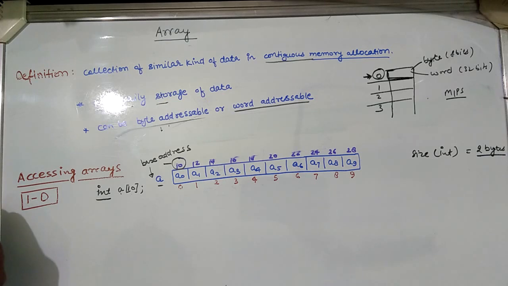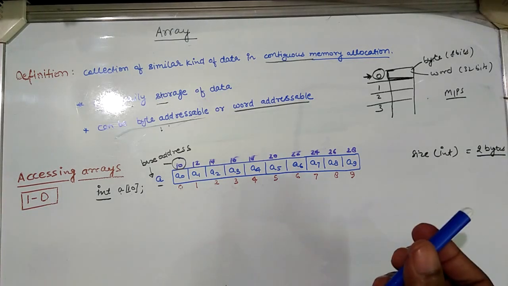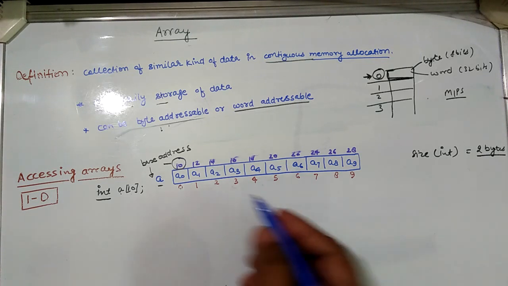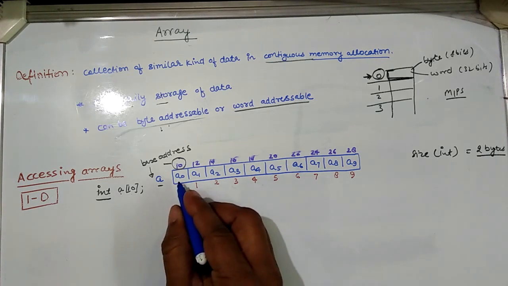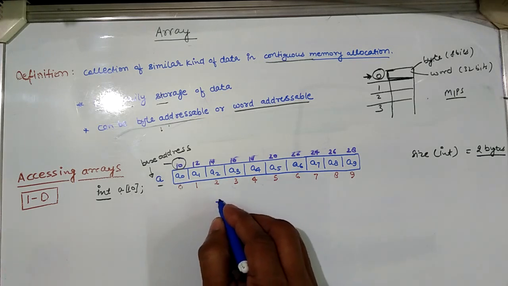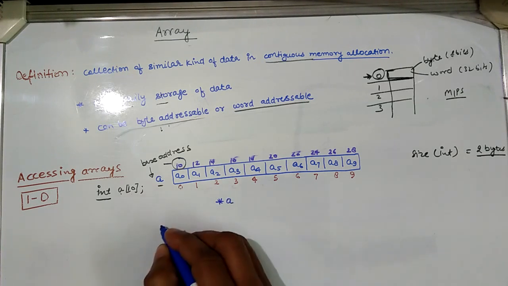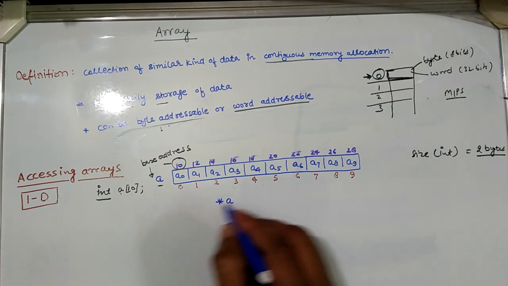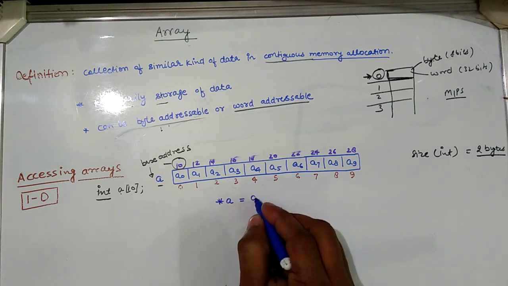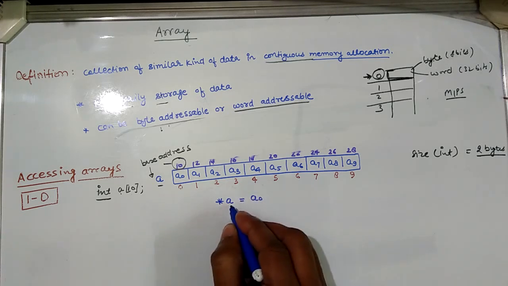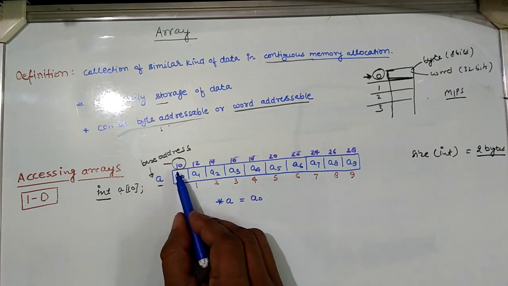Now there is another way of accessing further elements of the array. If you want to access the value in the first location, we can use pointers. Star A means, if I use star A, it is nothing but A0, because A always contains the address of the first memory location.